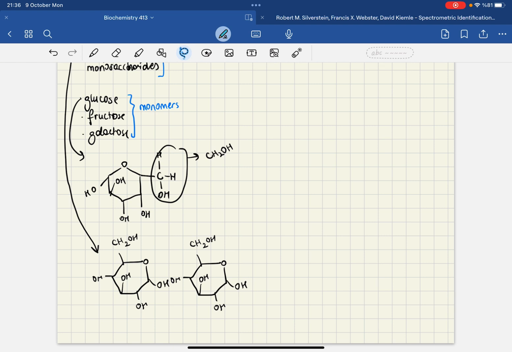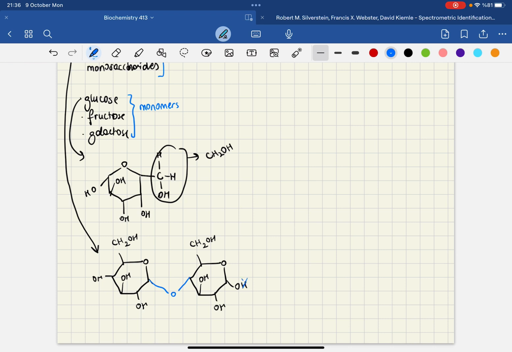The sole difference is that we take these two and take a water out of it. So when a water comes out of here, we will just have oxygen remaining over here, connecting these two molecules.